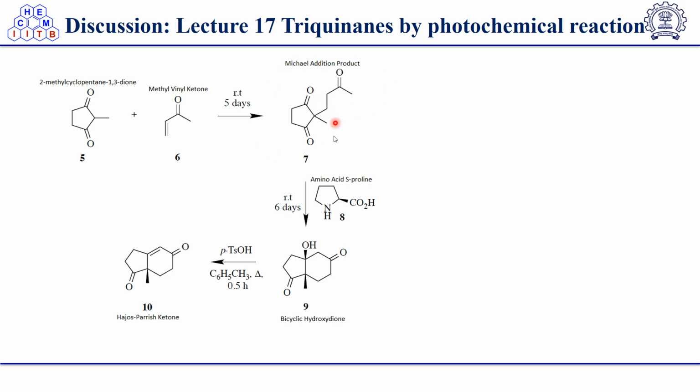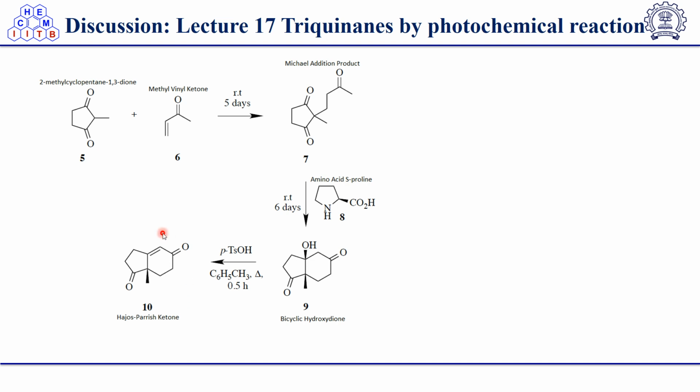Then this compound upon treatment with S-proline will give the cyclized Robinson annulation product with the corresponding stereochemistry, which upon treatment with para-toluenesulfonic acid gives dehydration and we get the double bond at this position. So this is the structure of Hajos-Parrish ketone, which was the starting material for the synthesis of sulfurpherol.